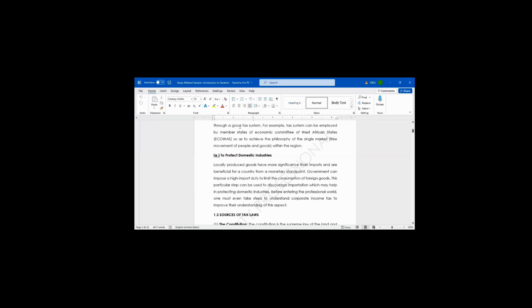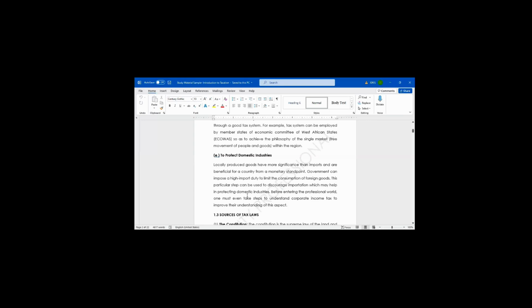Another objective of taxation that is not in this material is to protect local currency, or preservation of local currency. Government can use tax to protect our local currency against foreign currency, to ensure that our local currency has more value than the foreign currency.